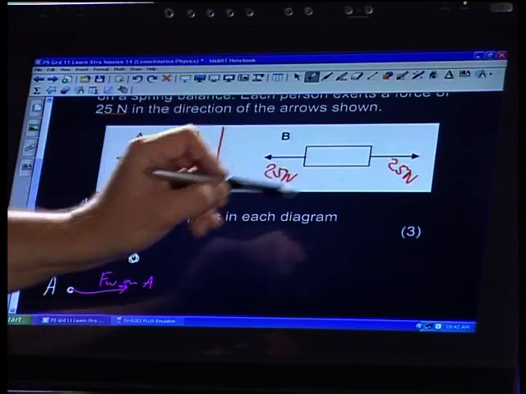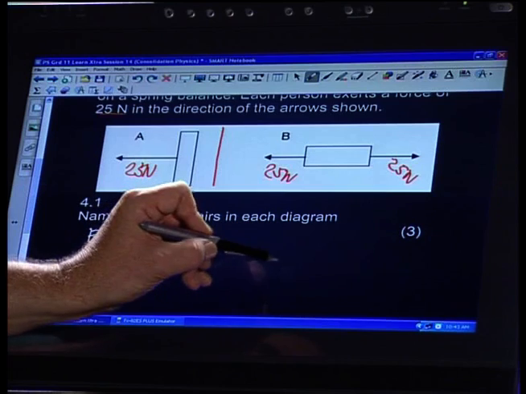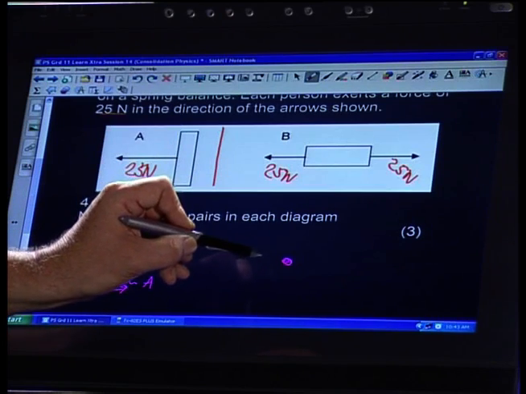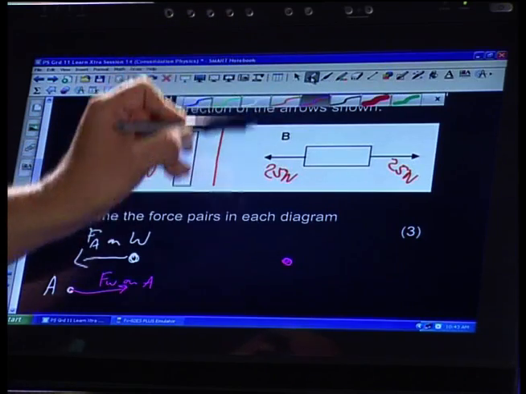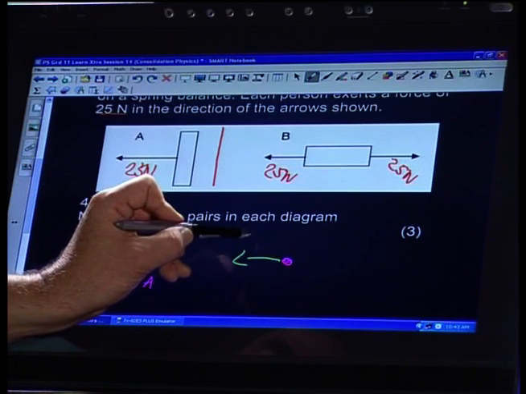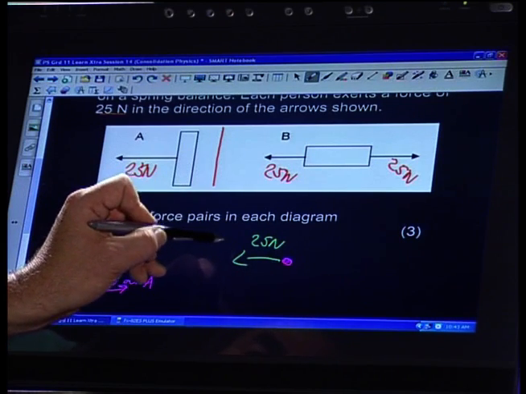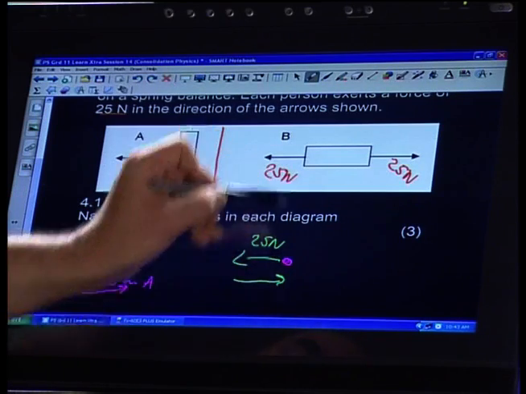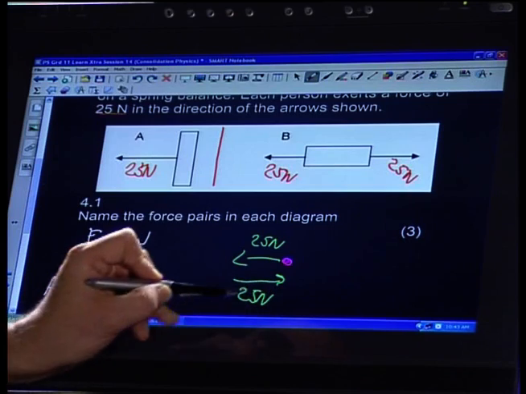So what about in diagram B? Well, in diagram B, the particular thing is this end of the scale balance. And what we've got is a person pulls on the spring balance, 25 newtons. But what's happening here? There is a pull back of the spring of the system, and it's in the opposite direction, 25 newtons.